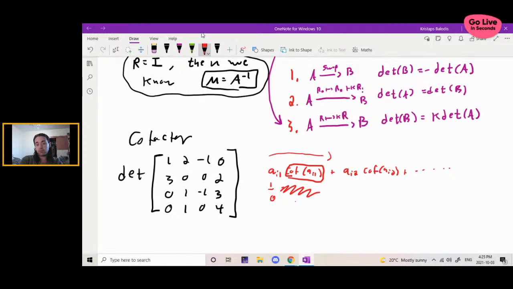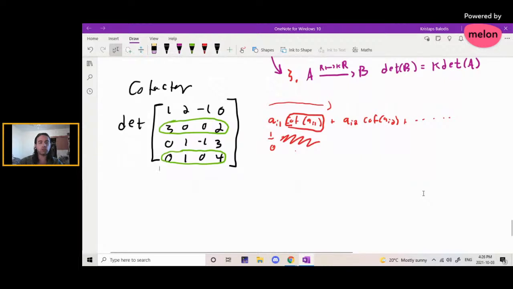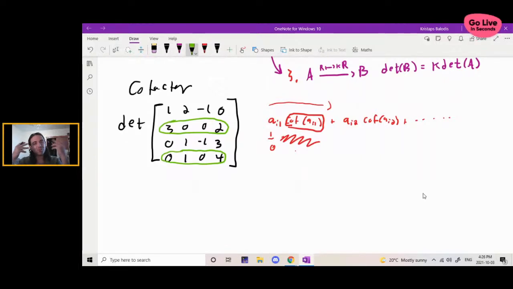So, for example, in this case, I would suggest doing cofactor expansion along either row 2, because it has 2 zeros, or row 4, because it also has 2 zeros. So these are tied for the most zeros. The second thing I would look at is which one has the bigger numbers, because bigger numbers are harder to multiply in your head.